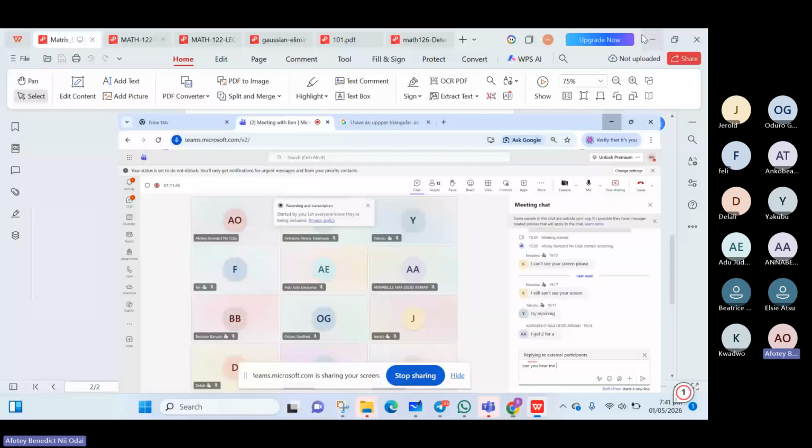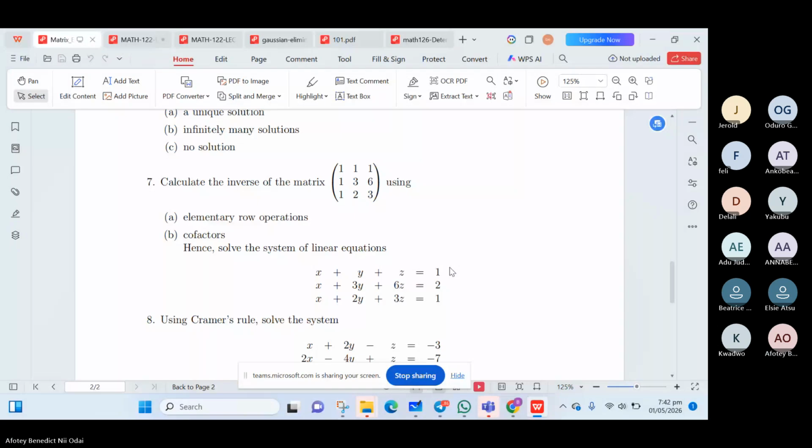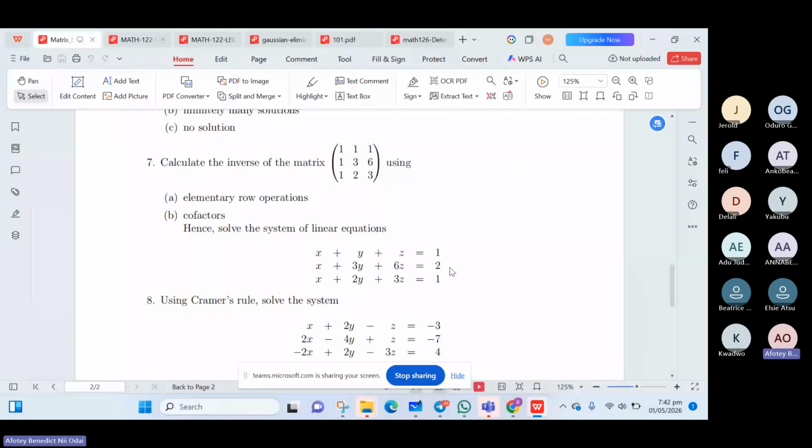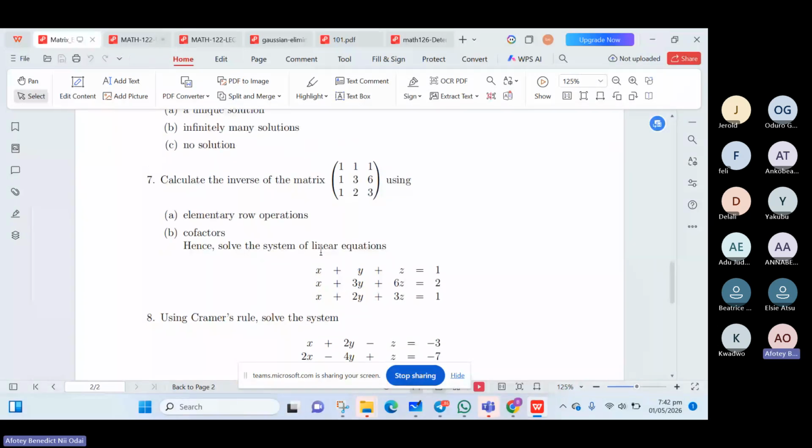Okay, so calculate the inverse of the matrix using elementary row operations, and the second one using a cofactor. So yesterday's class we saw using a cofactor method, but we've not yet looked at the elementary row operation, or EROs.